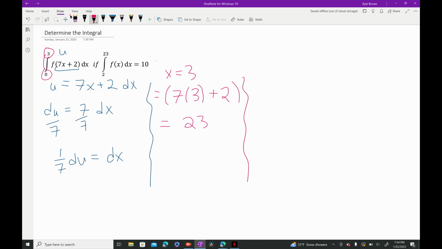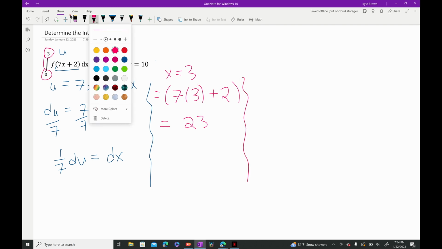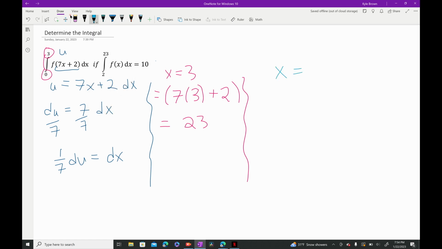And then when we have x equals 0, we're going to use the same method. So this zeroes out, and we're left with 2.